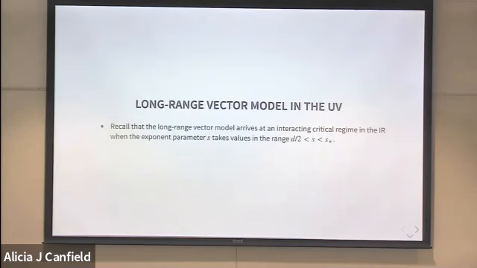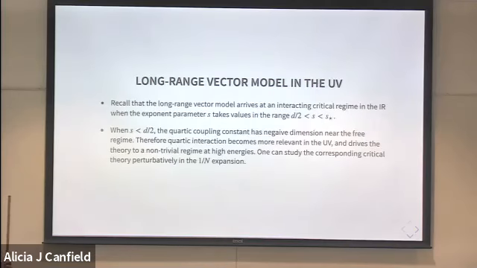Now remember, we just derived this bound on the parameter S at which the model exists in a critical long-range regime of the IR. Now, what if you consider S less than d over 2? Again, in this case, you get a phi to the 4 interaction which is irrelevant, but it seems to be fine in the 1 over n expansion.